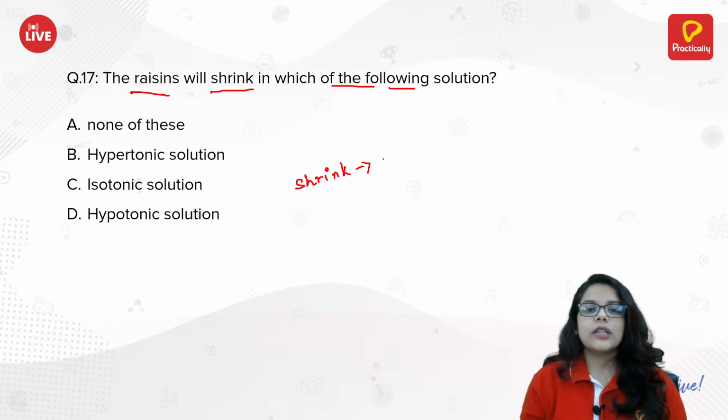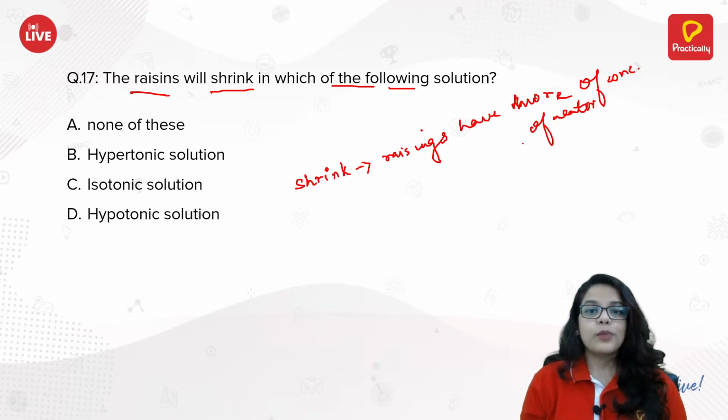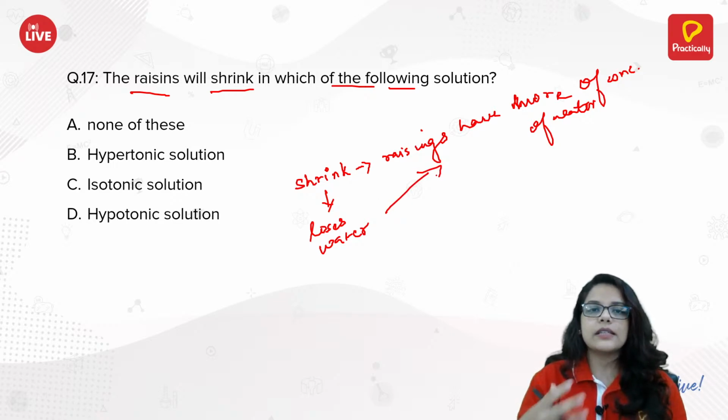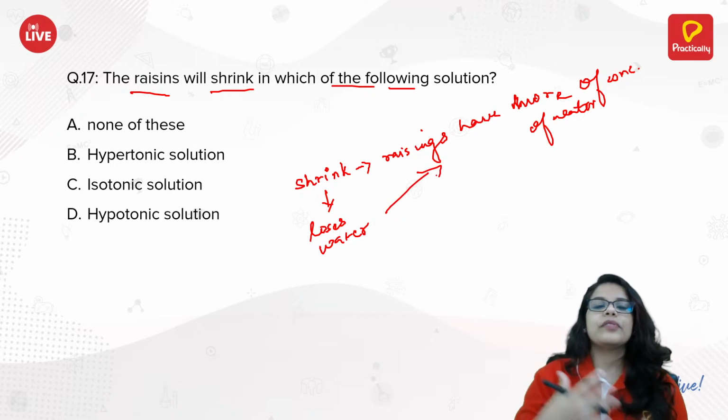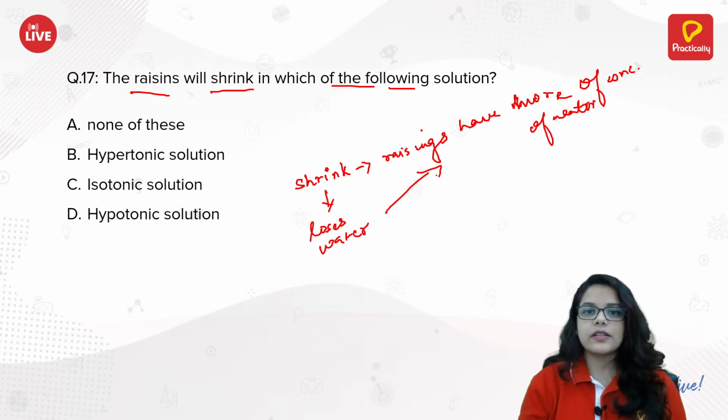Raisins shrink when they lose water. This happens when the raisin has a more concentration of water than the beaker it is in, that is, the salt solution.